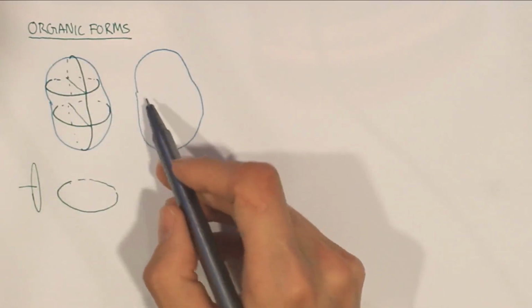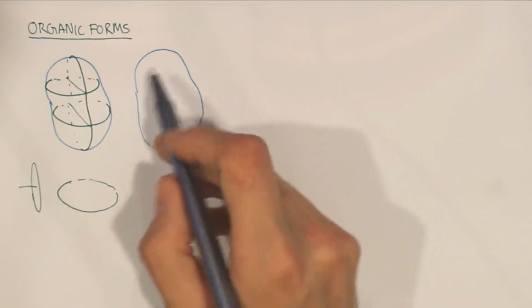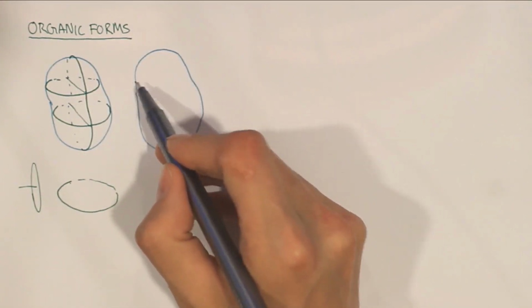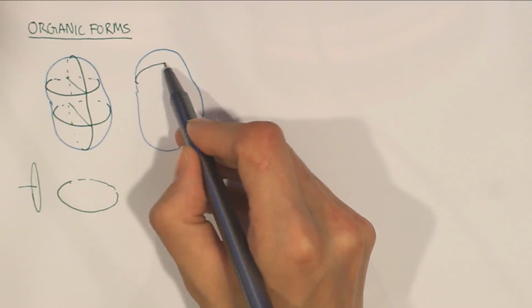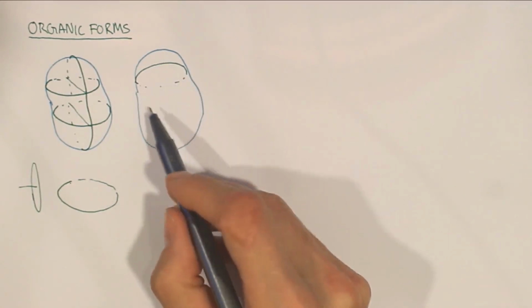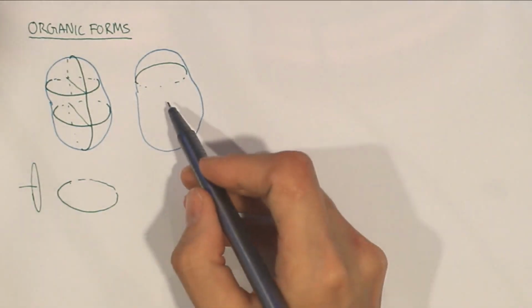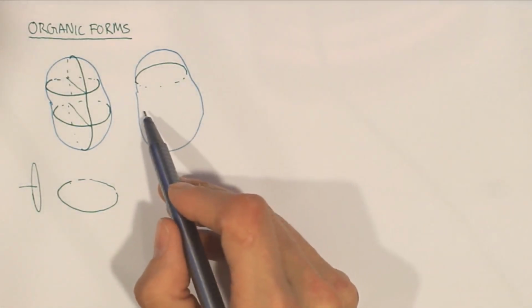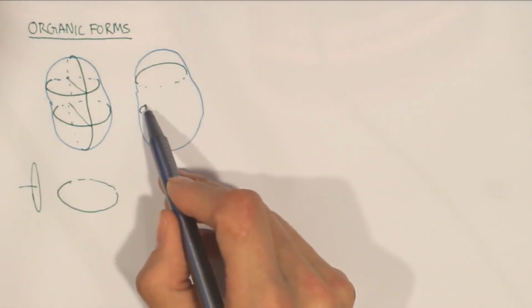We can do the same thing, but now our ellipses are going to tilt upwards. As we move further down this time, now the degree of these ellipses is going to be more flat.